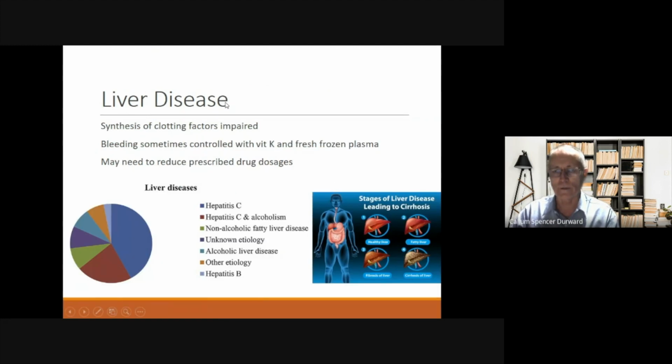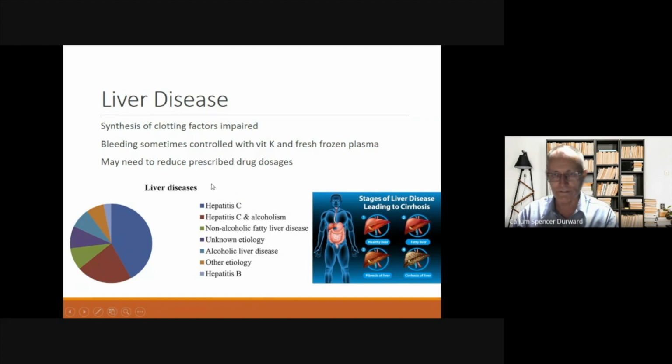Liver disease can be another cause of bleeding. In this case, synthesis of clotting factors is impaired. Sometimes bleeding can be controlled with vitamin K or fresh frozen plasma. For these patients, we may need to consider reducing the prescribed drug dosages.